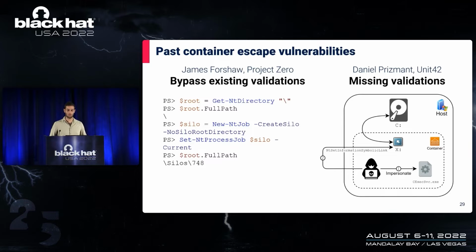The second method is to try to bypass Microsoft mitigations. James for sure found a way to bypass the kernel validation of the server silo by creating a new silo object, which is not a server silo.